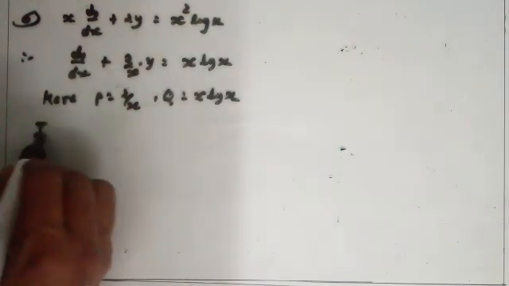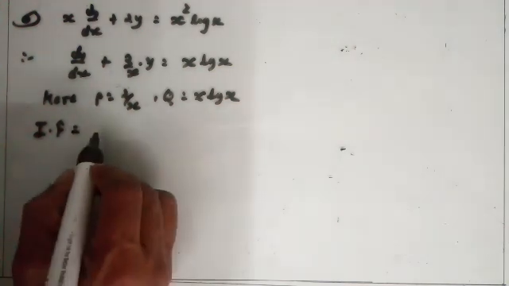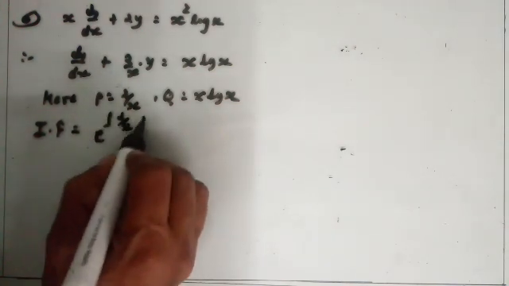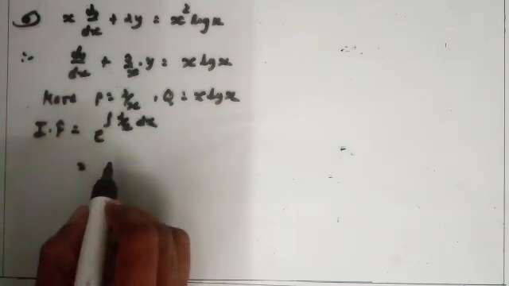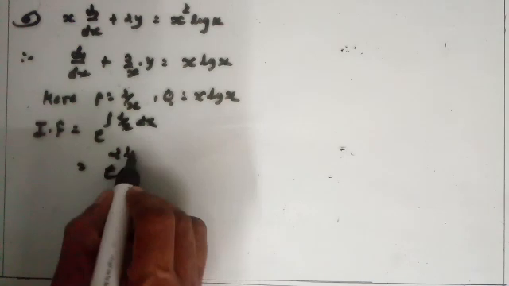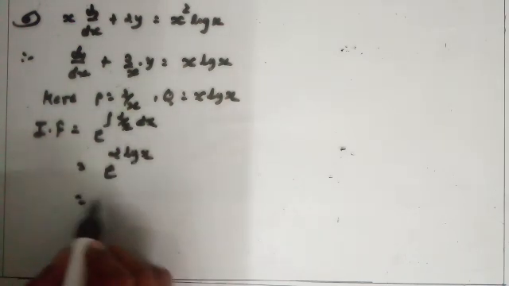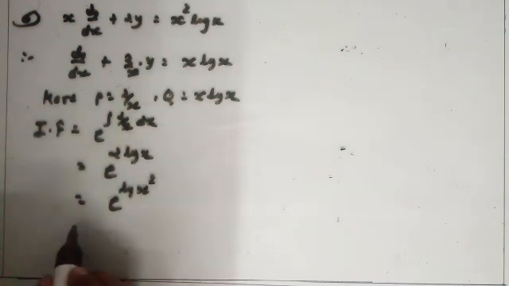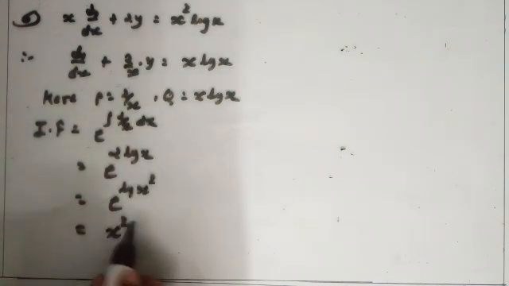Now find the integrating factor. E raised to the integration of 2 upon x dx is equal to e raised to 2 times the integration of 1 upon x, which is log mod x. So is equal to e raised to log x square, which is x square.